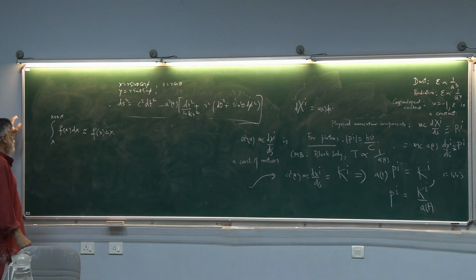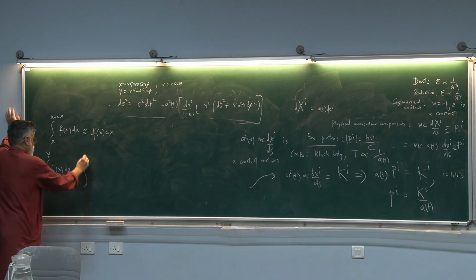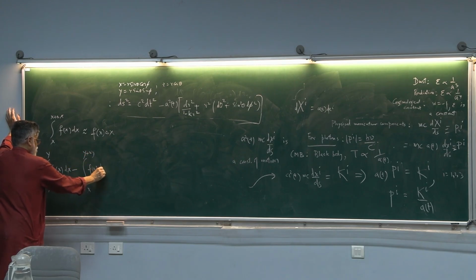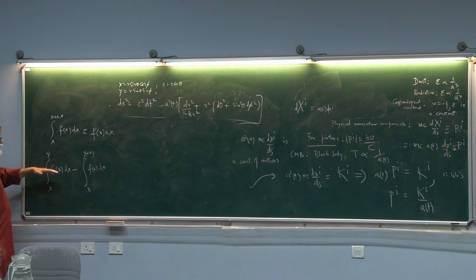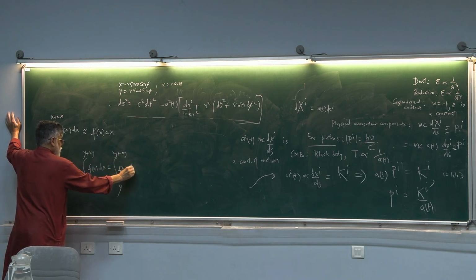And another fact is that if I have a quantity like the integral from x to y of f of x dx minus the integral from x to y plus delta y of f of x dx, this is nothing but the integral from y to y plus delta y of f of x dx.